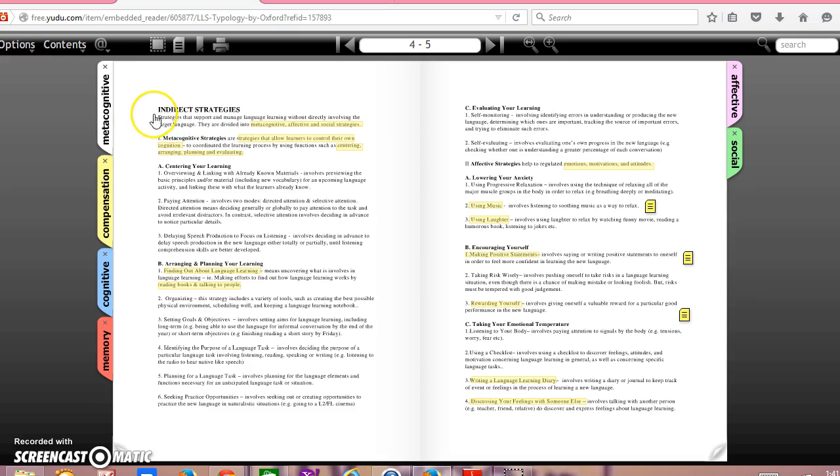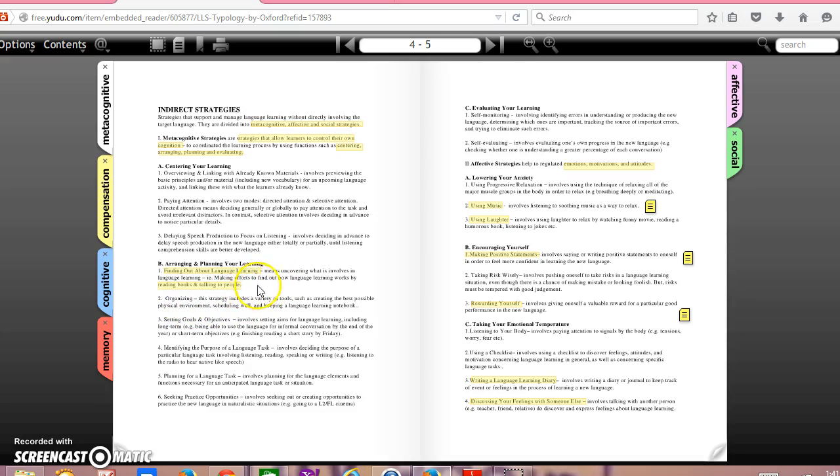Alright, we have done talking about the direct strategies. Now let's take a look at indirect strategies. It is divided into three, which is metacognitive, affective, and social strategies. And this is the metacognitive. I choose to find out about language learning.